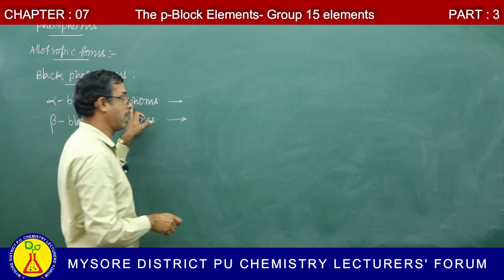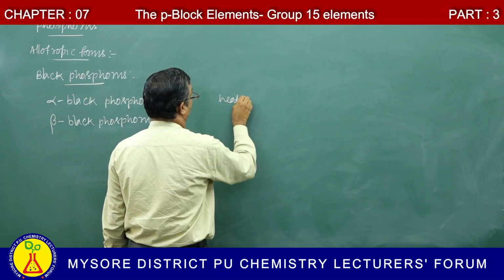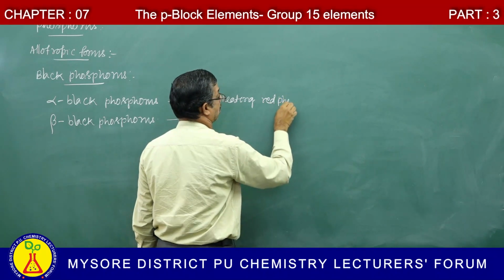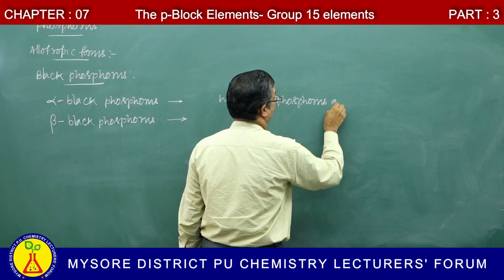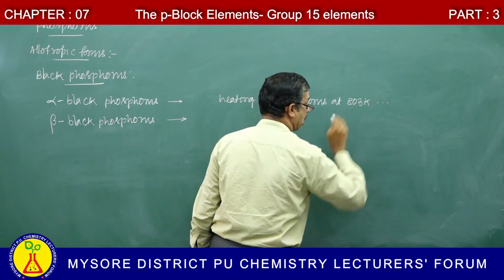Alpha black phosphorus can be obtained by heating red phosphorus at 803 Kelvin in a sealed tube.